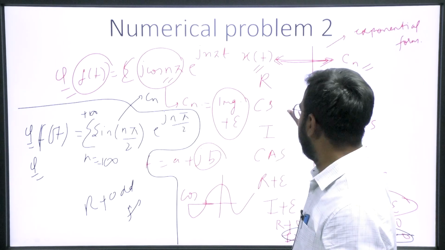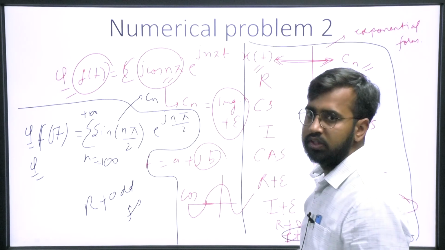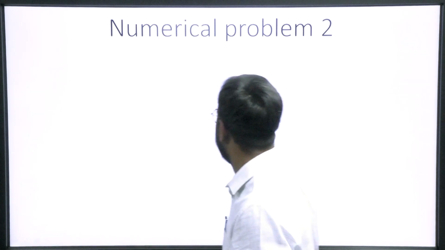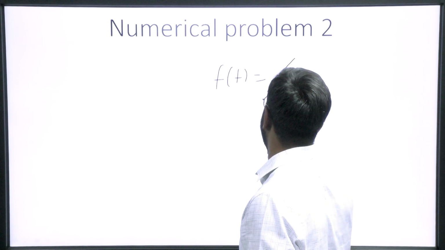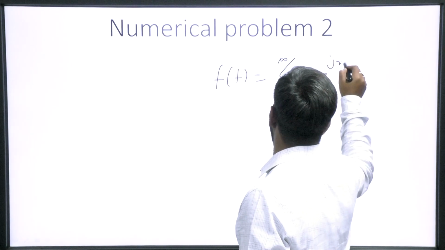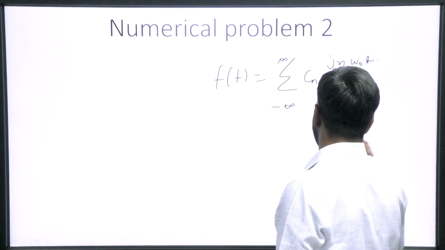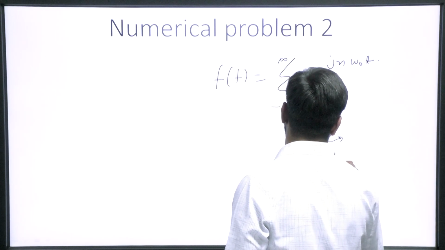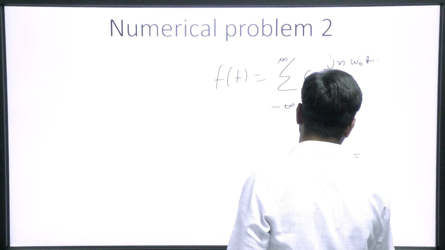So, this is not a table we have to remember. How have we got this? We have simply got that table using the property, because we already know the exponential form, it is summation from minus infinity to infinity Cn e to power j n omega naught t, okay. Here also we have used the property. What is the property?